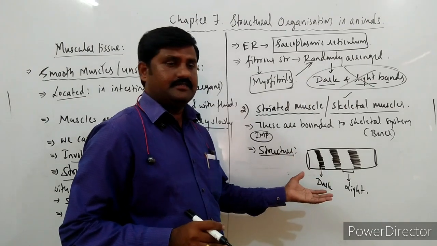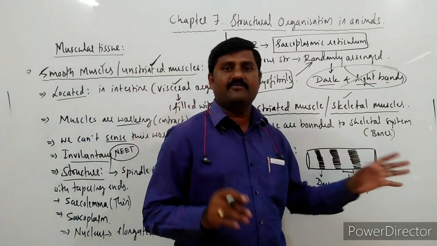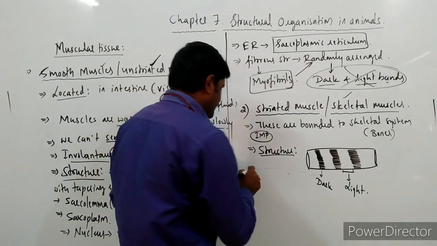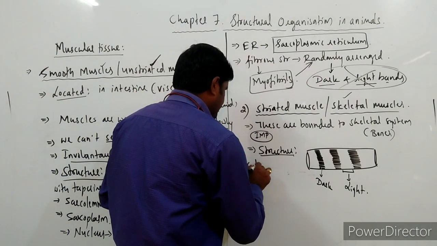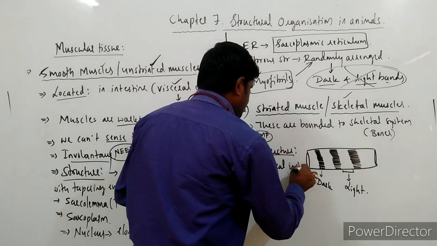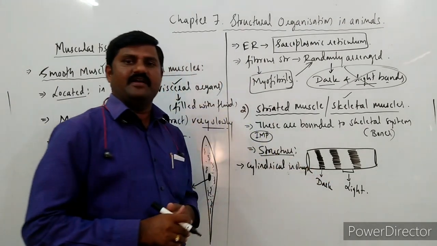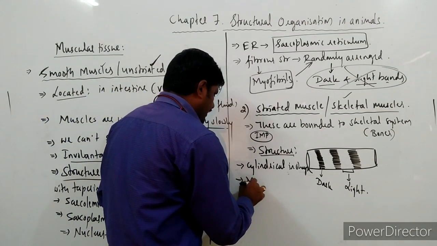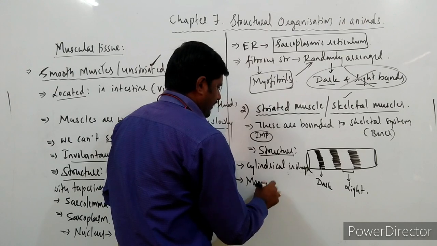Now see here, such kind of many number of muscle fibers are there. They are cylindrical in shape. Write the point. So muscle fibers are cylindrical in shape. There are many in number.